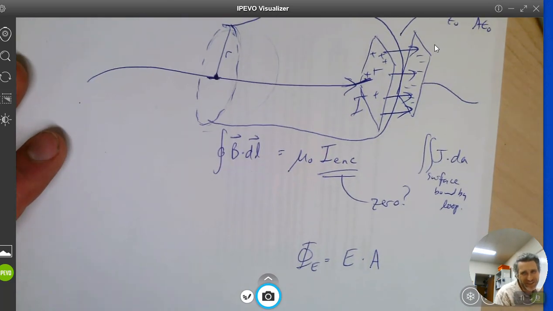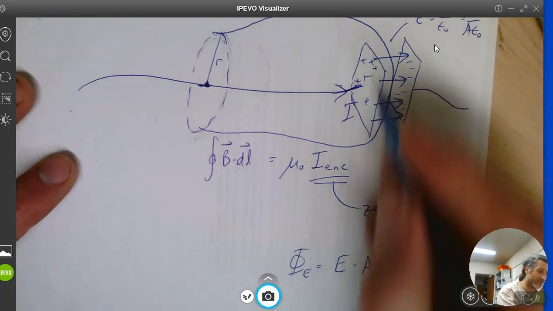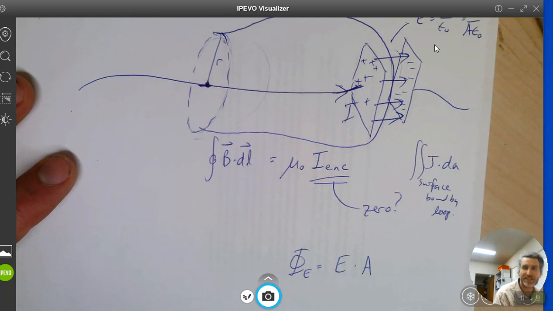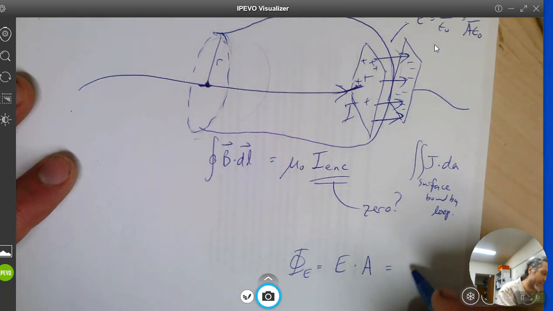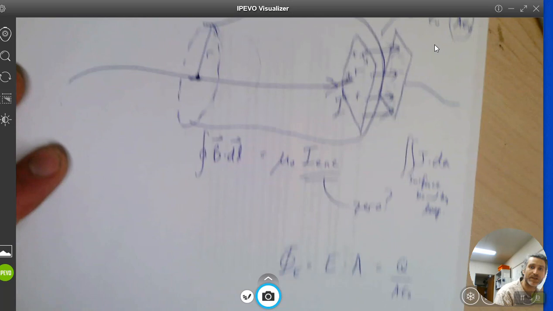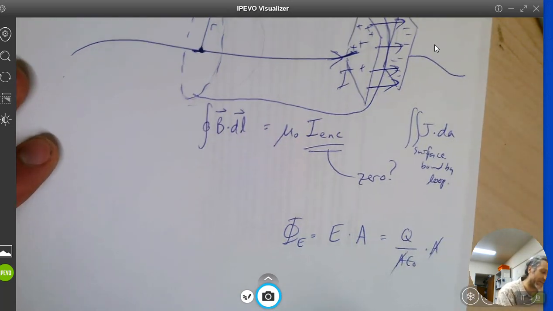I can get away with this in this case because the electric field is technically E dot dA integrated over this two-dimensional area, but over a capacitor plate it's a constant electric field, so we can multiply it by the area, right? So rewriting this, this could be Q over A epsilon naught times my area. Oh, interestingly, the areas cancel out.